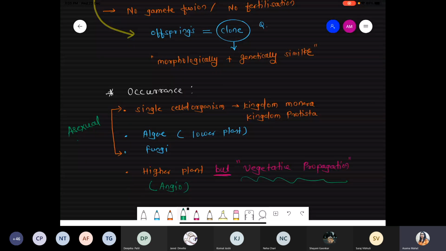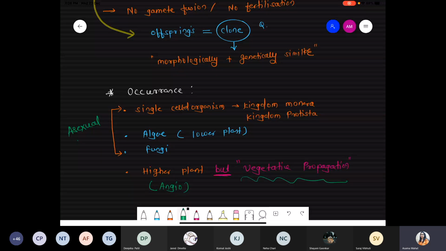Even a small section of any bud can form a complete plantlet. So that is a part of vegetative reproduction, right? Vegetative propagation specifically. So these are the common occurrences which come under the asexual mode of reproduction. Single parent is involved. Very simple. These are fast processes, and the number of progeny is also high.